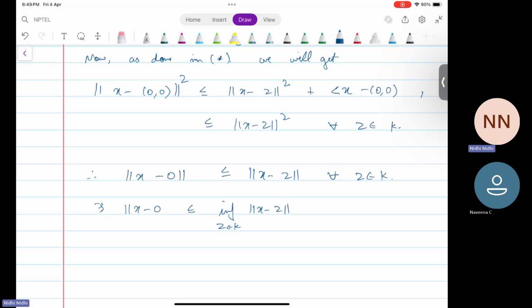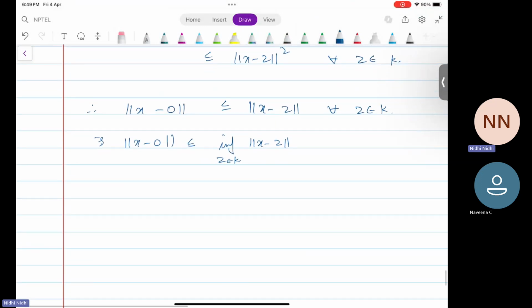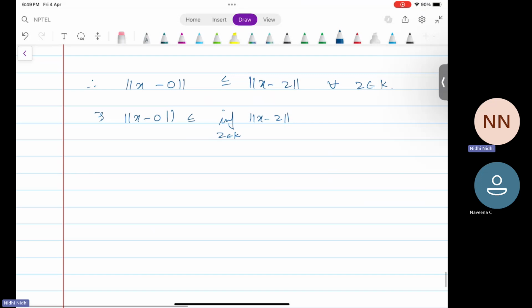Norm x minus o. So the distance between x and any point in K is always greater than or equal to the distance between x and origin. Therefore, by definition of P_K x, P_K x should be equal to the origin, (0, 0).